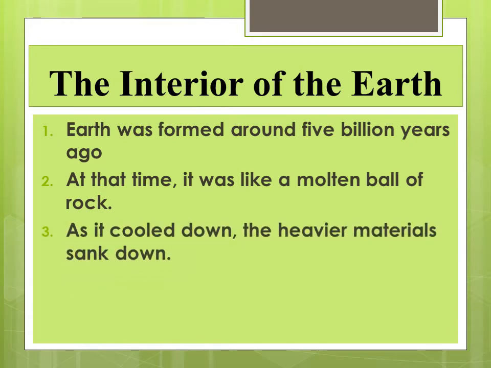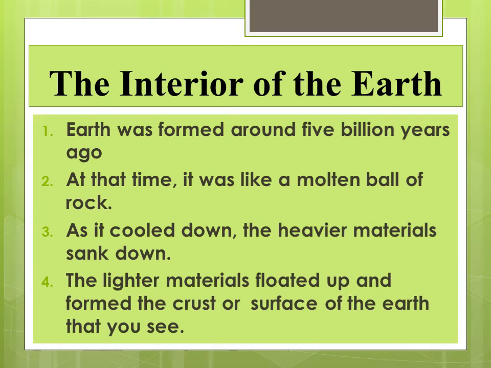Slowly and slowly, with the passage of time, as the earth cooled down, the heavier materials sank down. Sank down means they went down or deep. The lighter materials floated up and formed the crust or surface of the earth that you see. Floated up means they came up.